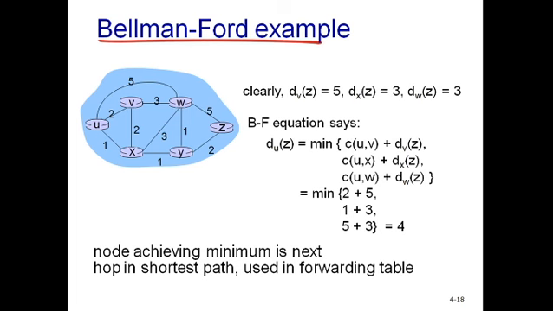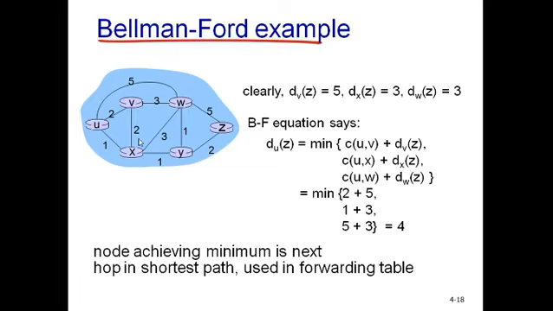Let's understand this Bellman-Ford equation with the example in front of you. We have an autonomous system which has 6 routers, and we want to calculate the minimum cost from node U to Z. You can see that U has 3 neighbors. Neighbors are those which are directly connected with that particular node.